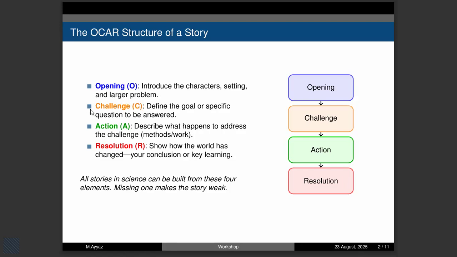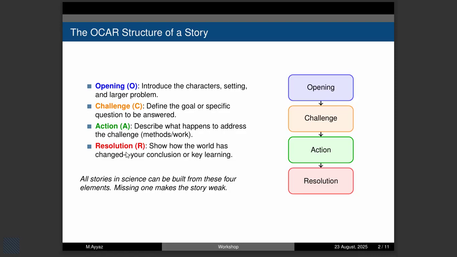And in the next section, we have to describe the challenge. What are the problems that we are facing in order to solve the problem? And then we have to describe the action. What are our methodologies in order to overcome this challenge? And then we have a resolution.